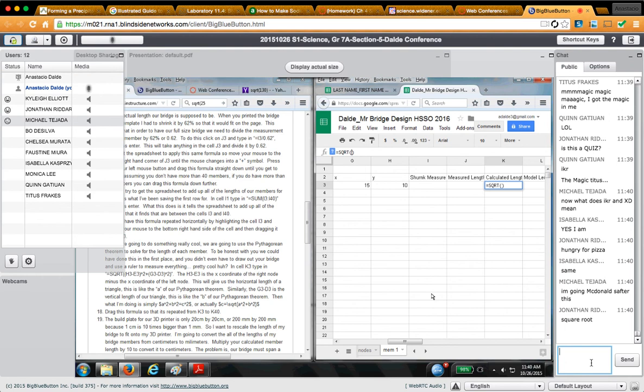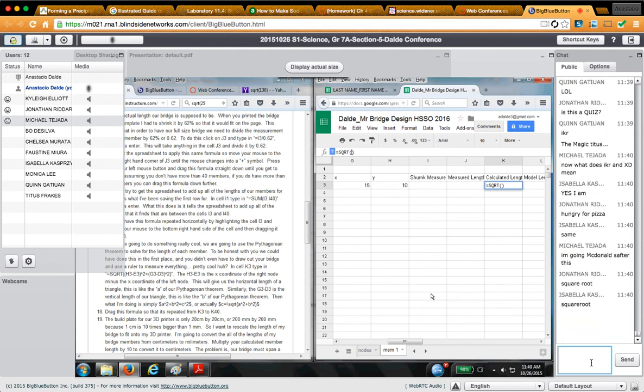So I want to tell it, hey, I would like for you to take the square root of something for me. And it's going to say, well, what do you want to take the square root of? I'm going to put a parentheses and another parentheses, and go in the middle of that. I want you to do this cell minus this cell.